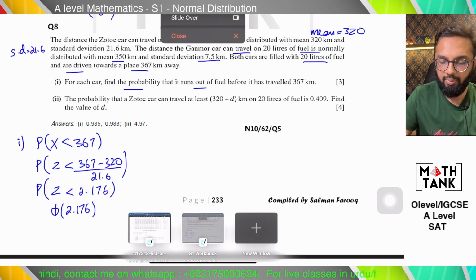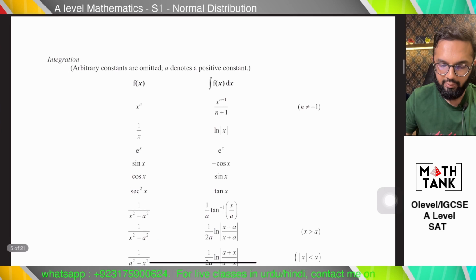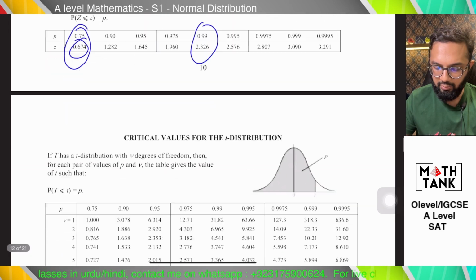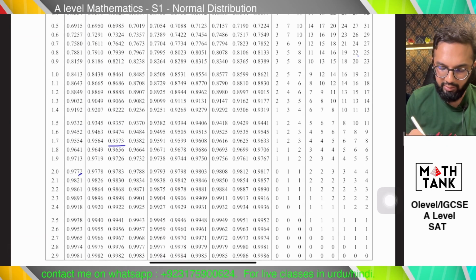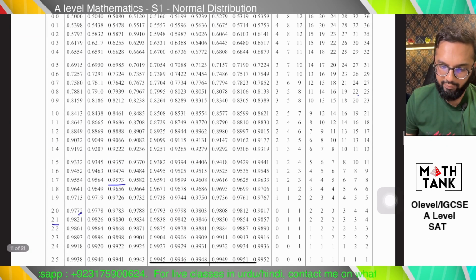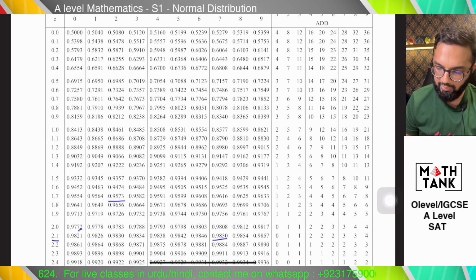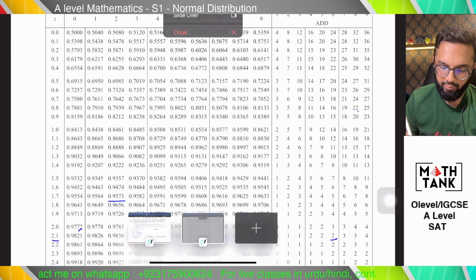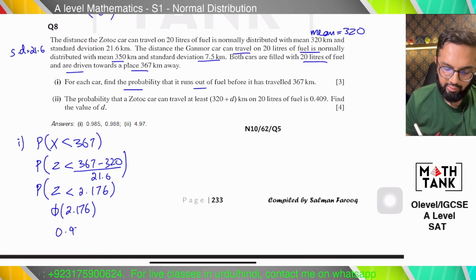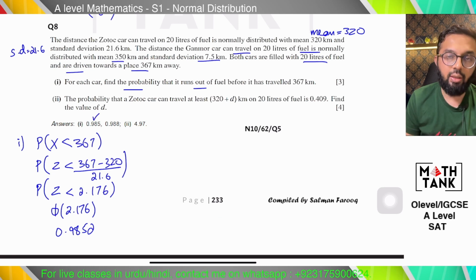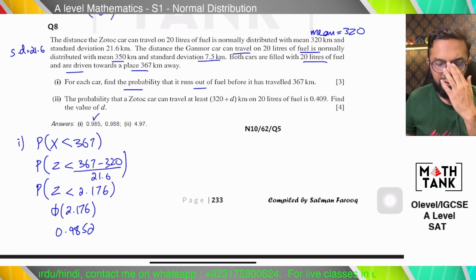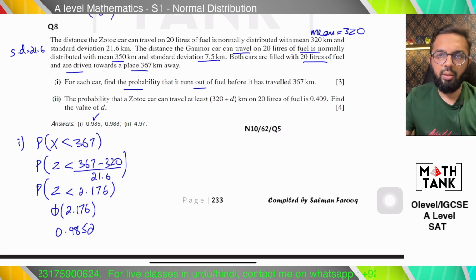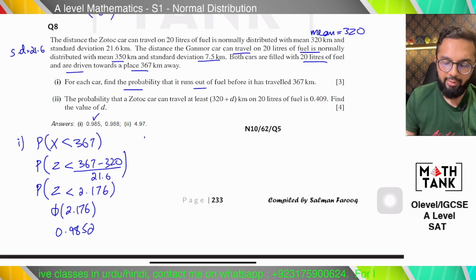Let's read from the table. 2.17 is this column, and 6 is to add. So 0.9852, and that's the correct answer. So the probability that it's going to travel less than 367 kilometers is 0.9852, and I'm assuming, because the question is worded like that, that the tank of fuel runs out before that.